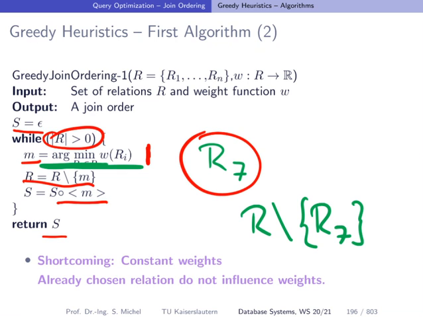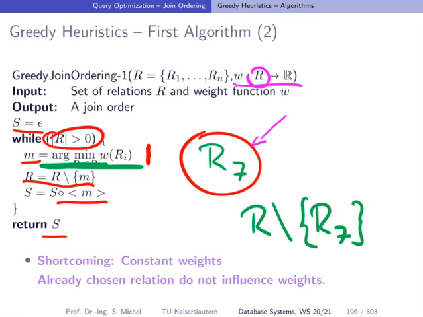Because you want to pick the next one to be the one that has a very small join result with R7. That's the rough idea. But you cannot do that because the weight function does not take into consideration what you have already picked. It will just depend only on the relation itself.